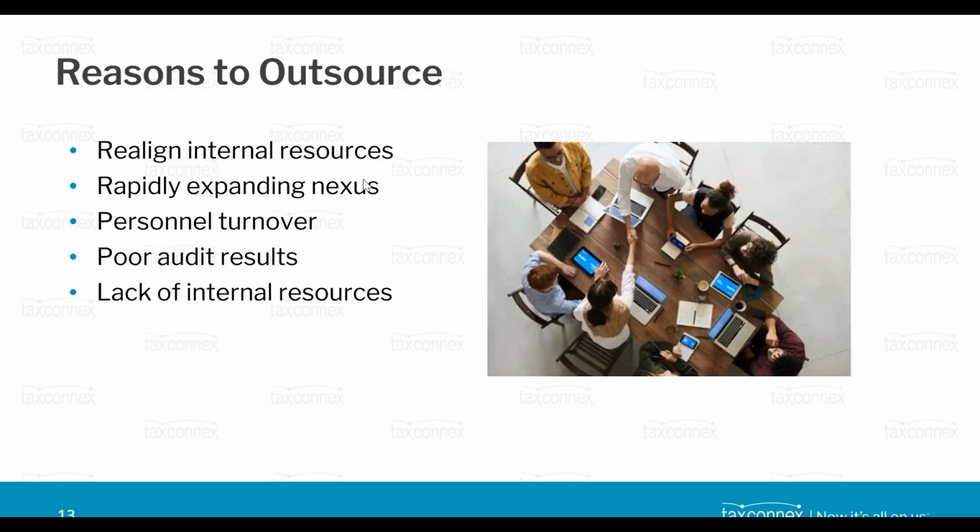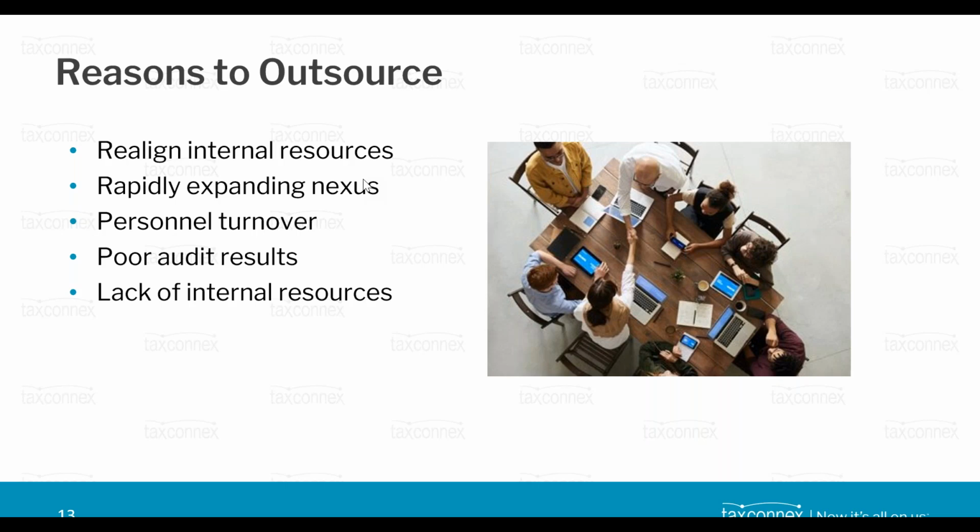So our last slide here: why would you potentially consider outsourcing sales tax? As I was thinking about this, maybe the question is, why would you consider doing it in-house? It's a very complicated and sometimes overwhelming process, and very few of the businesses we work with, at least in this small to mid-market segment, have any internal sales tax resources.